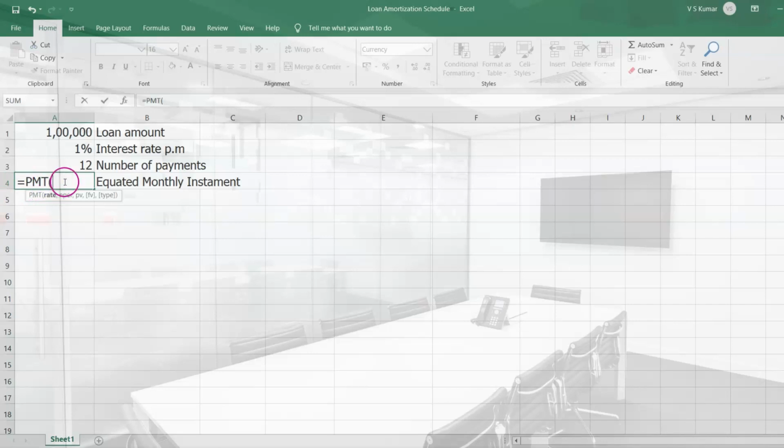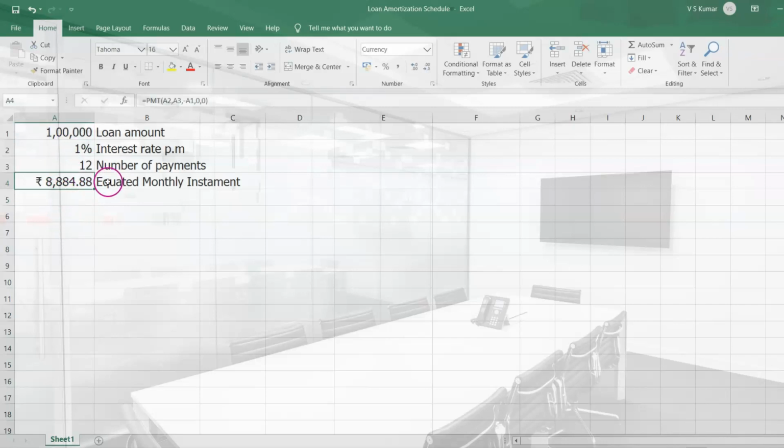Here it asks for the rate, so it is 1%, and number of payments is 12, and the present value is rupees 1 lakh, to be entered as minus 1 lakh, and future value is 0, and type also to be entered as 0. You enter. So this is your equated monthly installment.